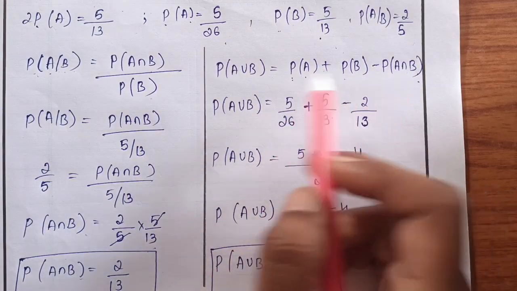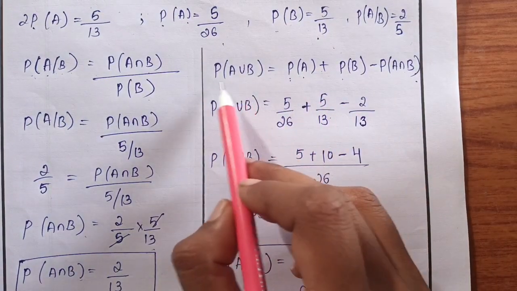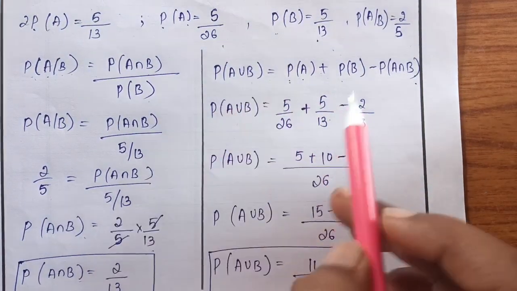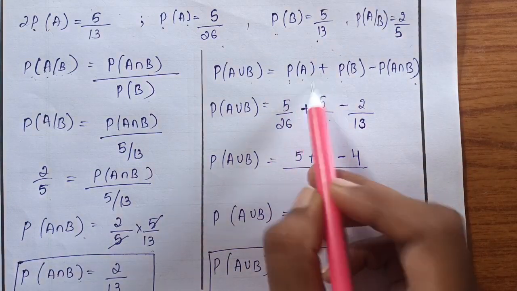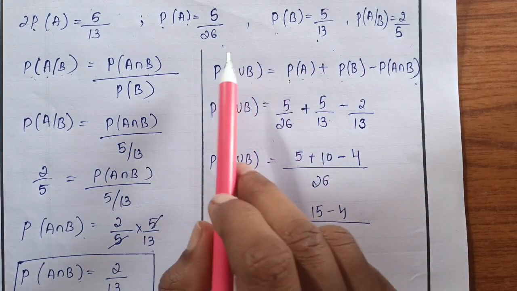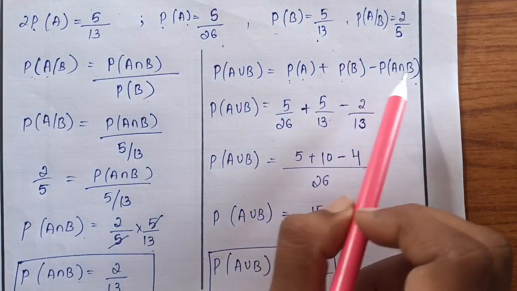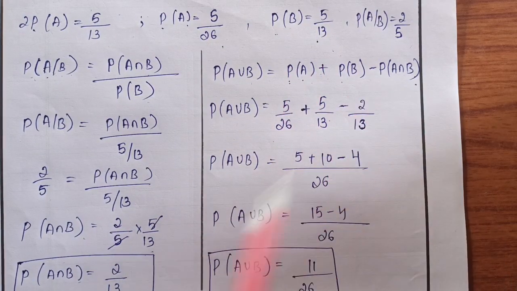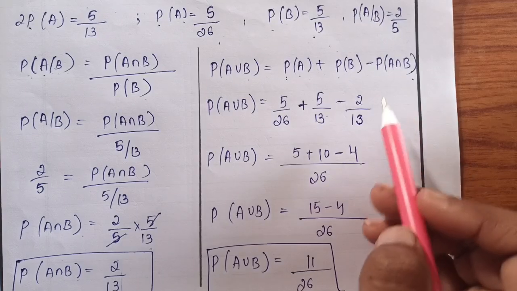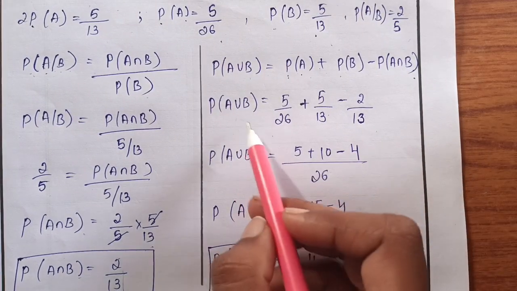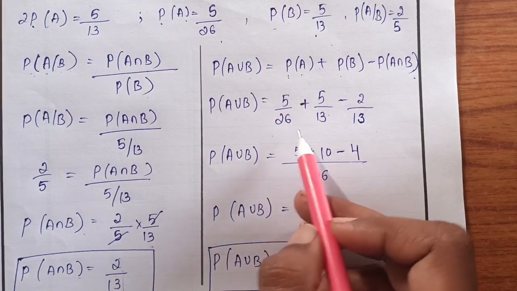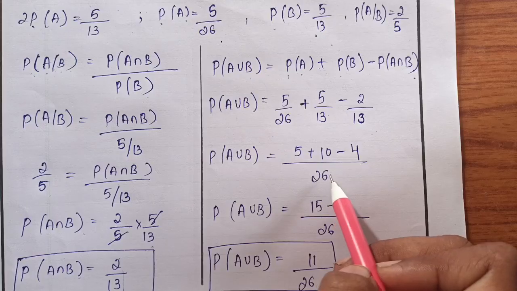We put this into the formula because we want to find the probability of A union B. Probability of A is 5 by 26, plus probability of B is 5 by 13, minus probability of A intersection B is 2 by 13. What is the LCM? 26.